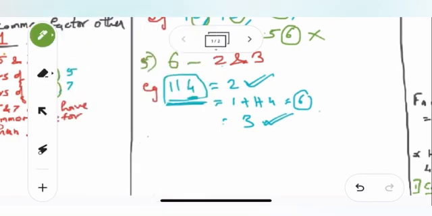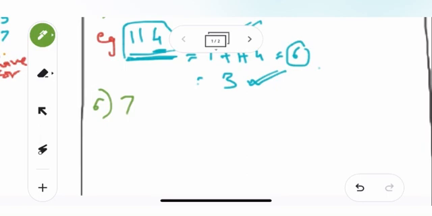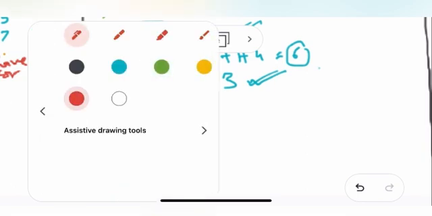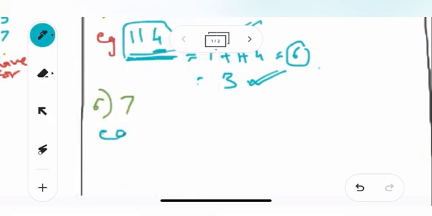Let us see the divisibility rule for 7. Now 7 is a little difficult because we have not learned it last time, but this time you remember how to do it. Here what you have to do is double the last digit. Suppose I take an example of 672.